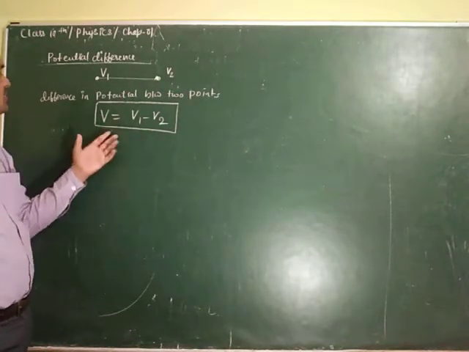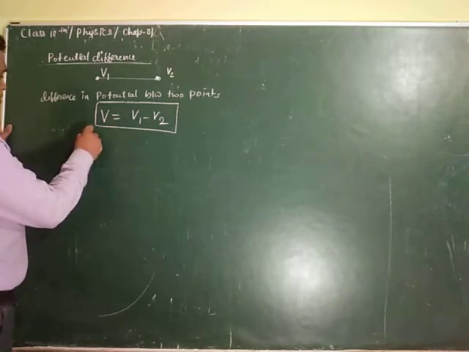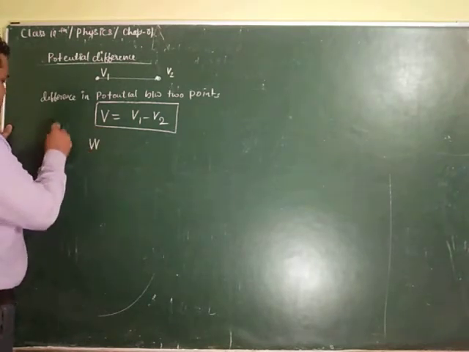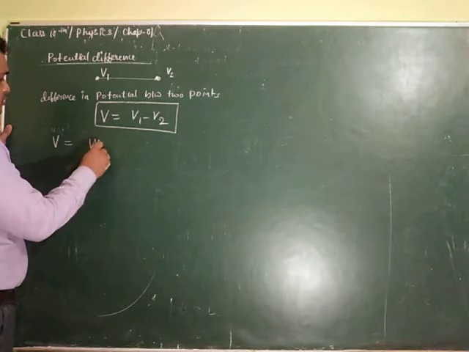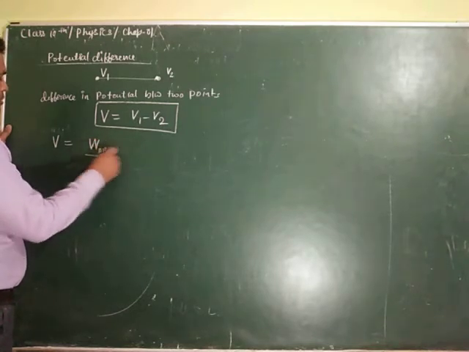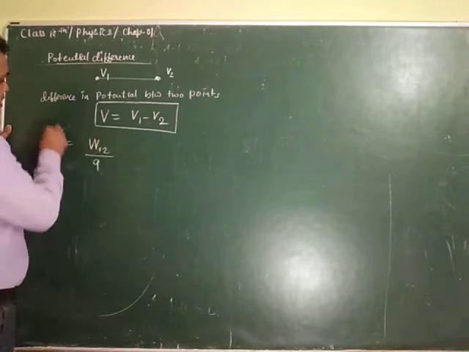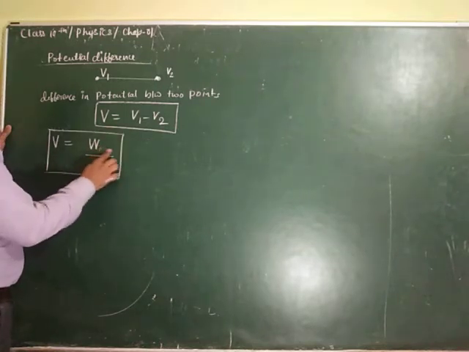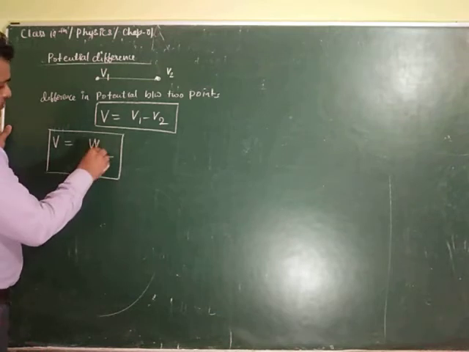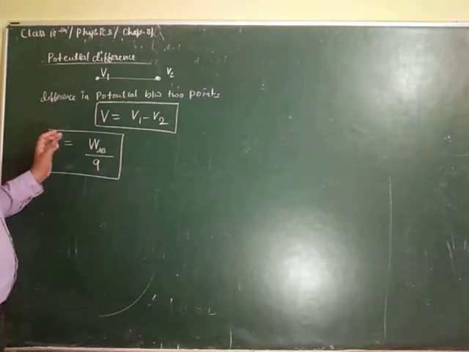So the potential difference is equal to the work done from point A to point B or B to A. You can take the points as 1, 2 or anything. This is not 12, so just to remove the confusion, I will take 3.